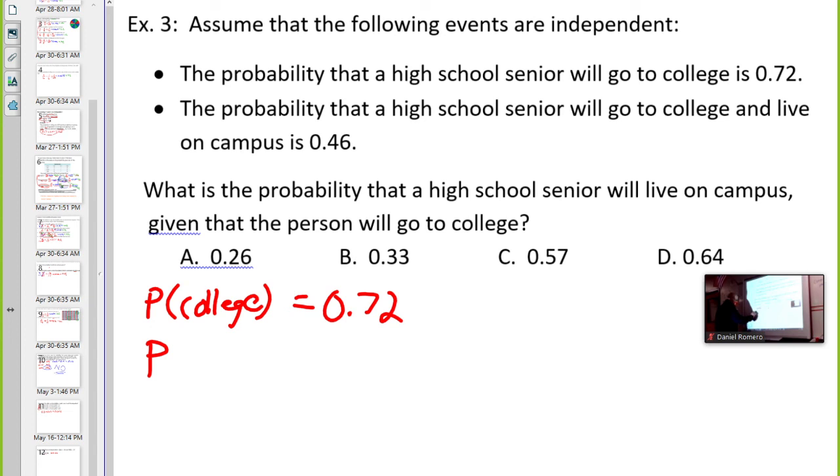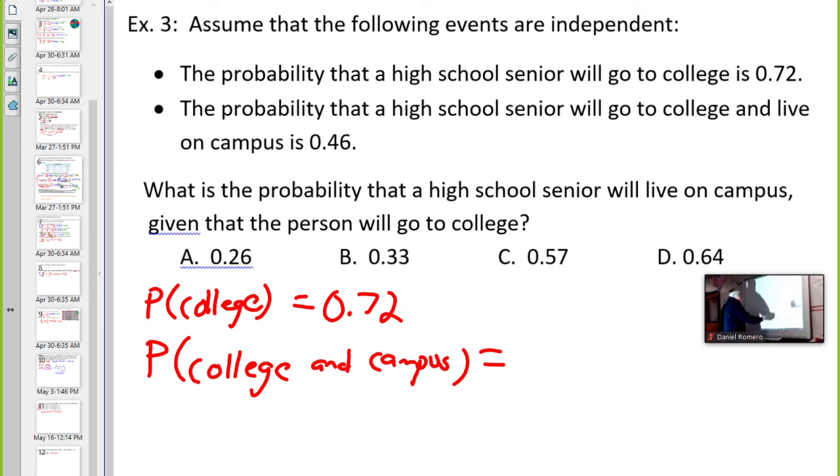These are actually the type of problems I wanted more of, and there's only one of them. College and live on campus, let's say campus. Oh, actually no, but they're independent. The probability is 0.46.